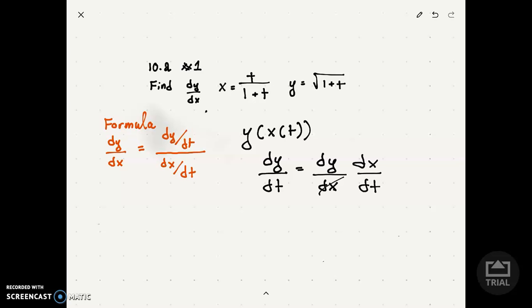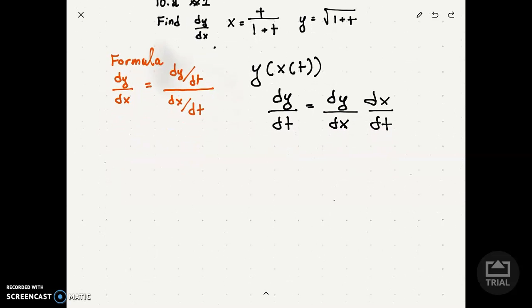You can even see if you were to cross these out, it's the same. So that holds, and it's just chain rule. And then from there, you would divide over by this dx/dt term, and then you would get the expression in the formula. Okay, so that's a little bit of background as to how we get that formula.